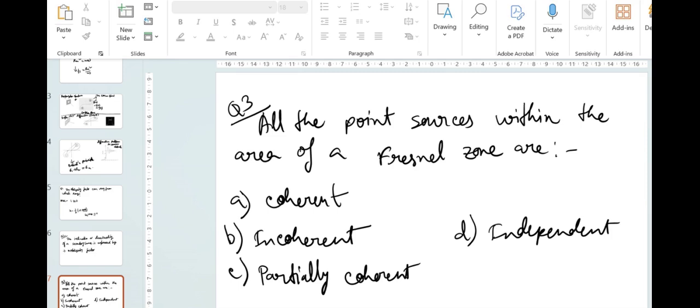Point sources from one Fresnel zone originate from the same primary source, so they are basically coherent.